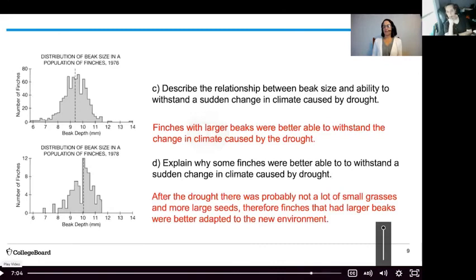Oh, so the same question I had for the last group, who was watching a different video. If the babies or the population of finches on Daphne Major, these islands, didn't have one that could eat the seeds that were left after the drought, let's say that none of the babies were born with smaller beaks, what would happen to your population if there was no variation that gave you a beak that could crack the seed during the drought?